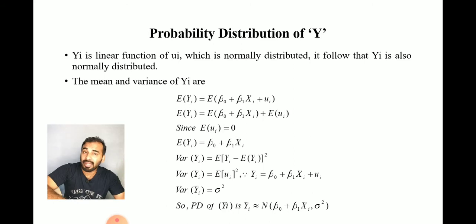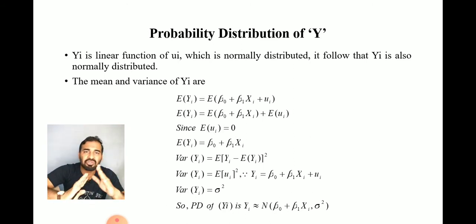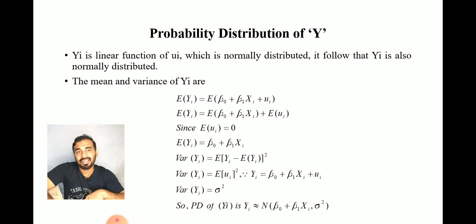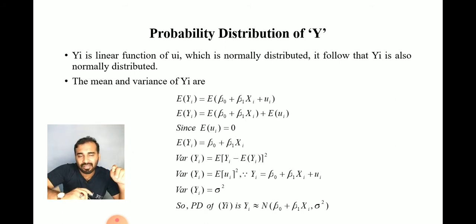The expected y we got just before is beta 0 plus beta 1 x. If you subtract it, only u is left. So the variance of y will be equal to expected ui squared. This is our variance, which can be written as small sigma squared. So the variance of y is equal to small sigma squared, or expected ui squared.